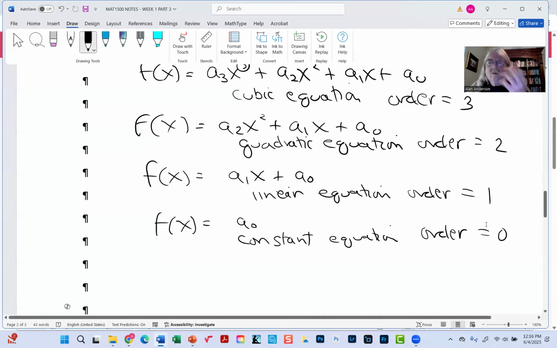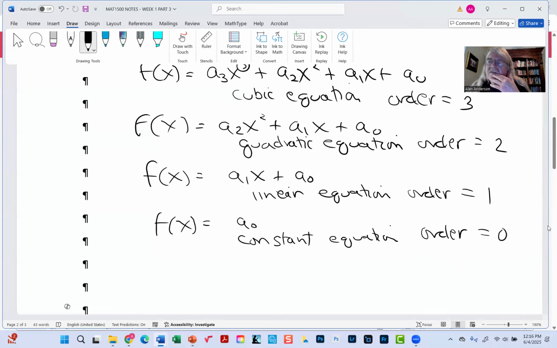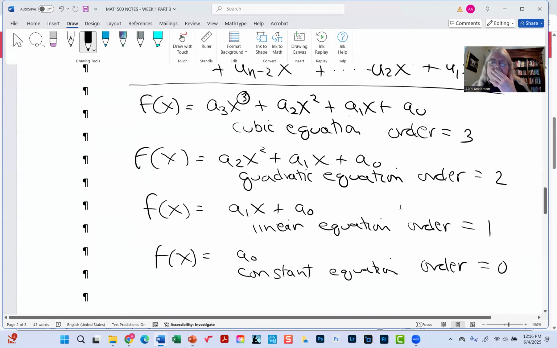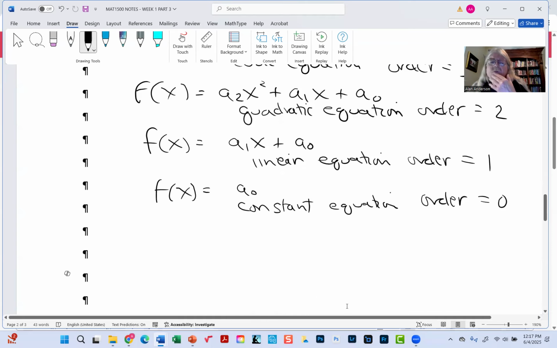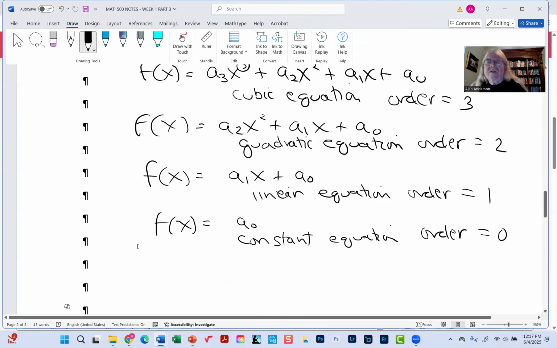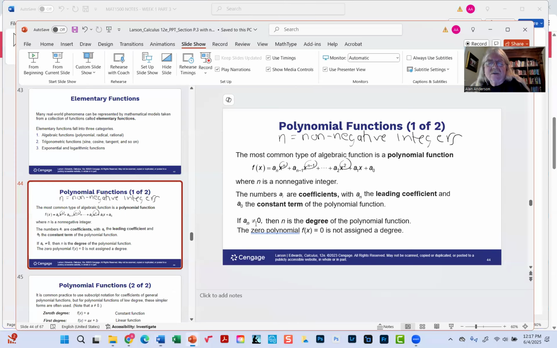So the orders are always integers and they're never negative. They've got to be non-negative. You can go as high as you want, but when you're thinking about real world applications, these are the ones you normally encounter in practice. It's rare to run into higher order polynomials than these. Very rare.